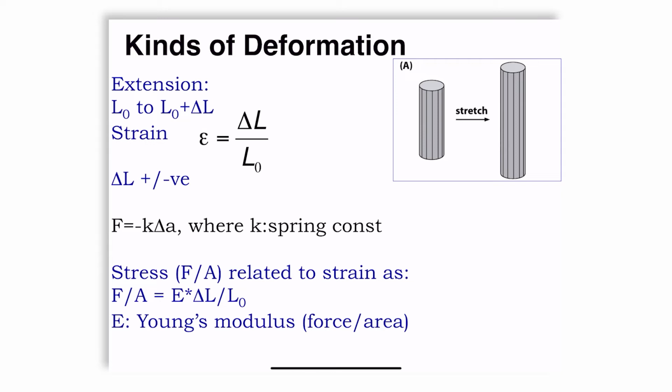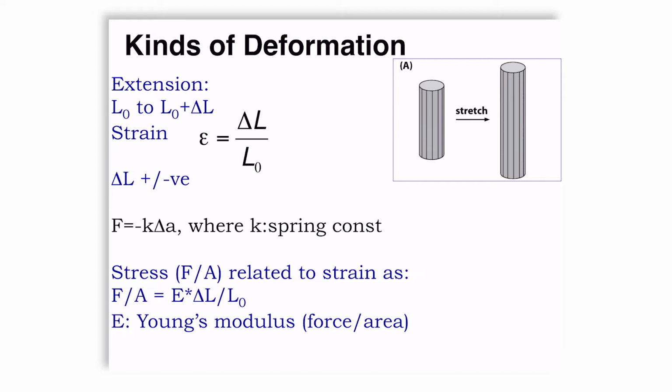So the kinds of deformations we have talked about so far with springs have been extensions and compressions, right? Stretch, elongation and reduction in length, which means that our length changes from L0 to L0 plus delta L. The strain is defined by delta L upon L0, and delta L can be positive or negative, which is what I call the extension in the case of positive and compression in the case of negative delta L, right?